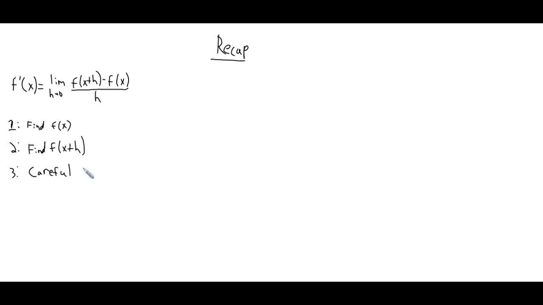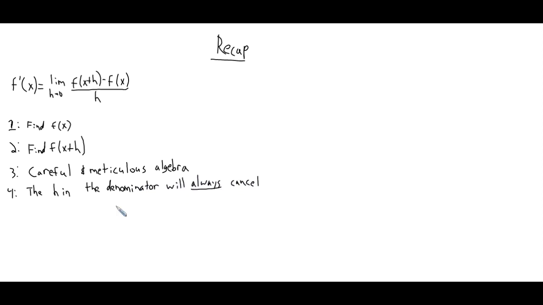And then you do a lot of very careful and very meticulous algebra. And then the h in the denominator will always cancel. If it did not cancel, you did something wrong. You probably forgot to distribute the negative for the minus f of x. So be careful. But it will always cancel. And then once it does, you plug in 0 for h, and you're done. You call it a day.